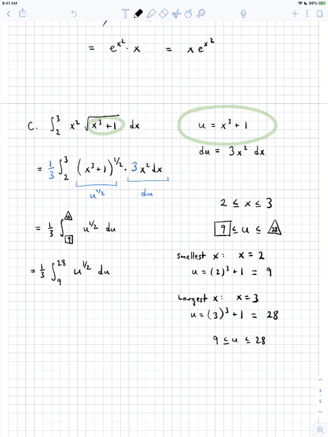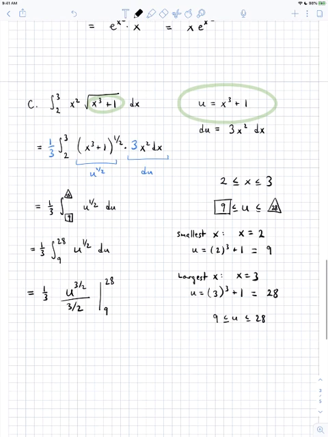Well, this is u to a power, so we can integrate that. We increase the exponent by 1, so it becomes 3/2. And then you divide by that exponent, 3/2. And you're going to evaluate from u equal to 9 to u equal to 28.